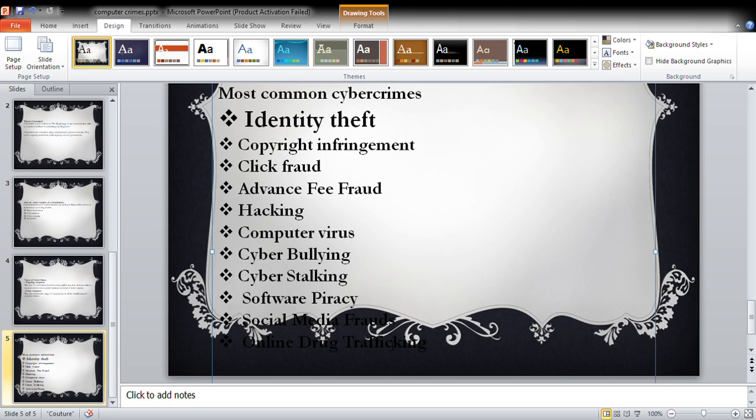Like when you have an account on social media like Facebook, and somebody hacks it and uses that identity to con people, that is an example of identity theft. And click fraud is where, as I told you, you are sent links, and when you subscribe to those links, the person who has sent the link benefits, and you end up getting into losses. So for the remaining ones, go and do research about them.